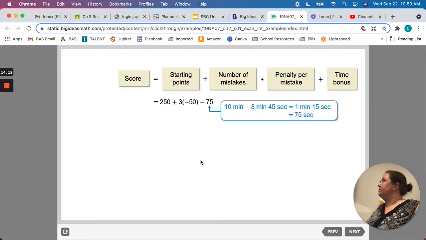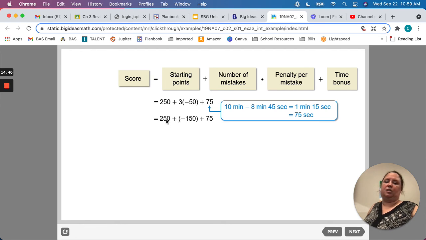Okay, so we're going to do left to right, except for we do have parentheses here, so we need to multiply first. So what is 3 times -50? -150. When you have a plus negative here, which one wins? The negative.